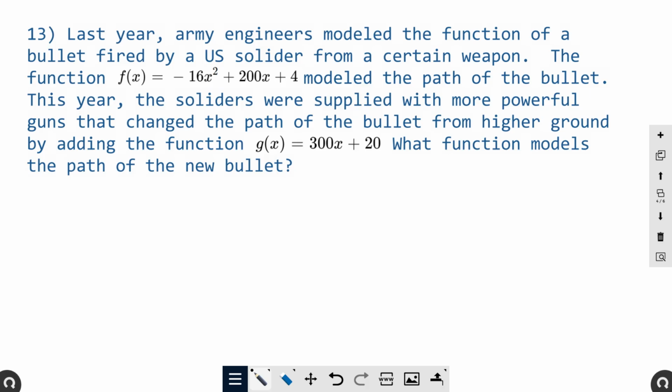What function models the path of the new bullet? So what did they do? They added the functions together, right? So what do we need to do? Just add them. Yeah, so what I want you guys to do is write down f of x, write down g of x, and then we're going to add them together.